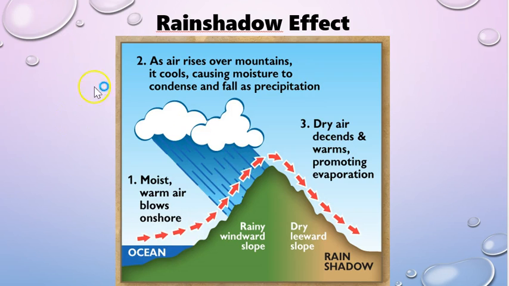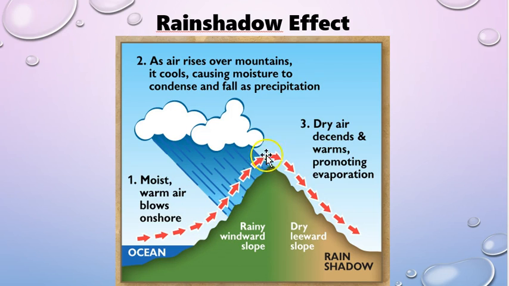And on this side, which is called the windward side, it's the side from which the wind is blowing, you're going to see a lot of heavy rainfall develop as it travels up the mountain. And that's because that warm, moist air is getting up to a point in the atmosphere where it's cooler. And when it's cooler, remember, it can't hold as much water. It's going to drop that water down, and you're going to have a lot of rain.